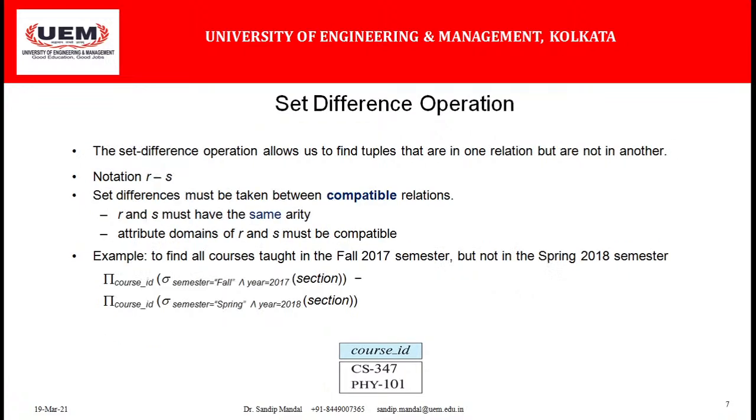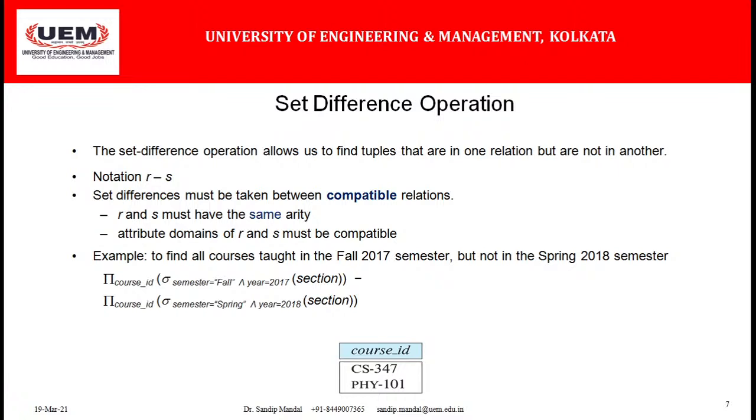Okay, so next is the set difference. Set difference is very important. The condition is completely the same here: R and S must have the same number of attributes, the same arity, and the domains of the attributes should be the same, meaning they should be compatible.